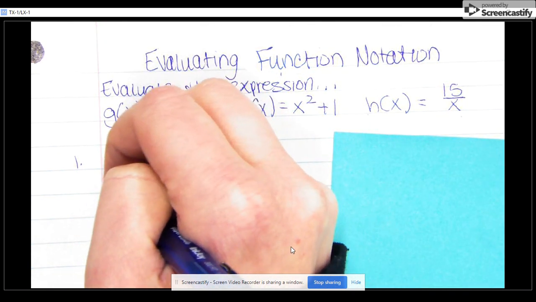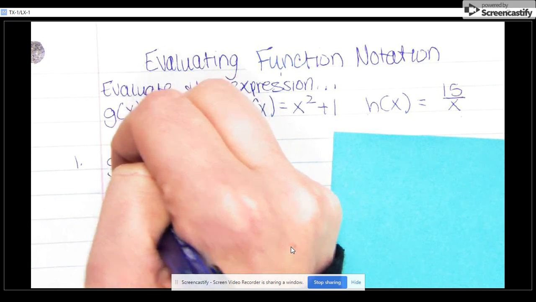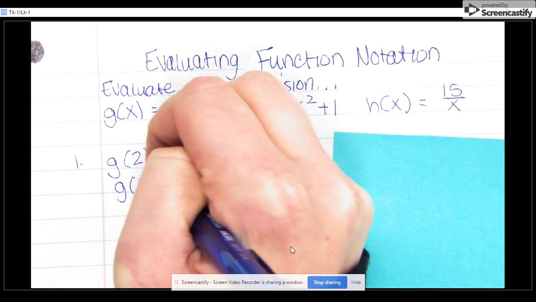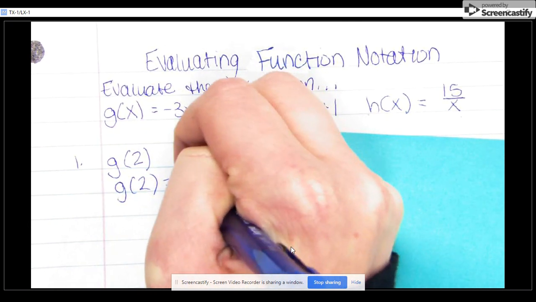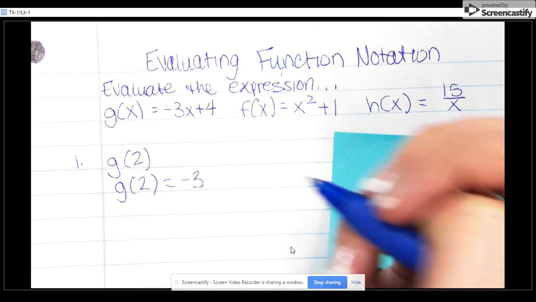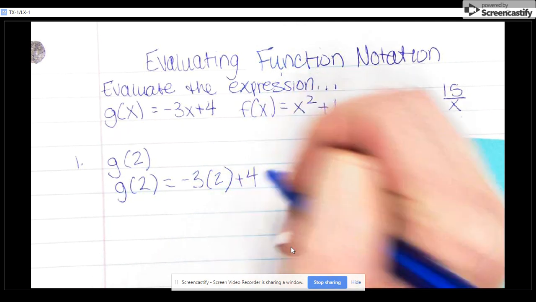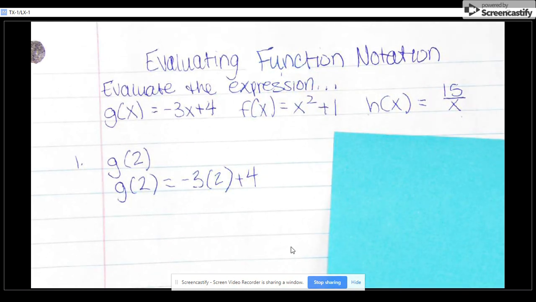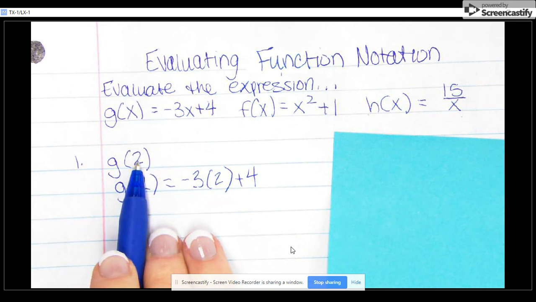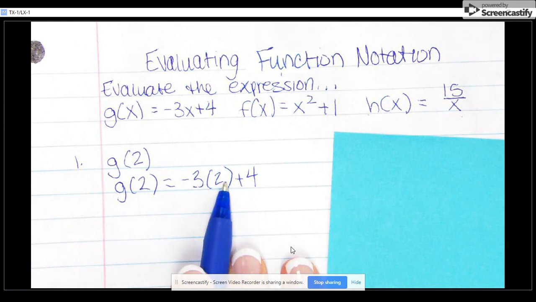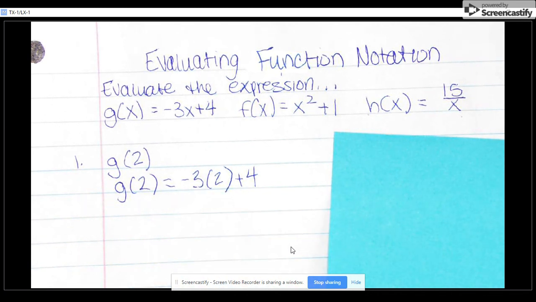We have g of 2 is equal to negative 3, and now instead of x, I'm going to put a 2 and plus 4. So no matter what problem you're doing, wherever you see an x, if there's a number inside the parentheses, you exchange that number with an x. You replace it.